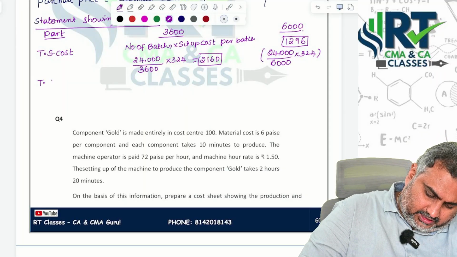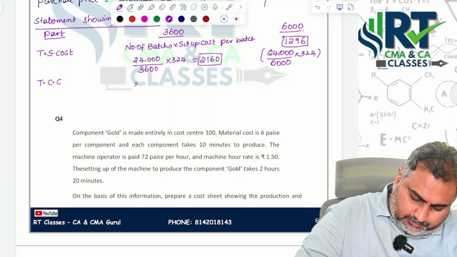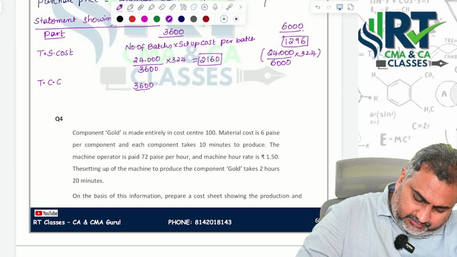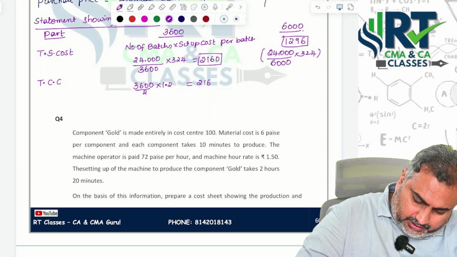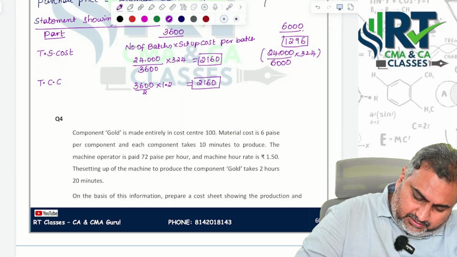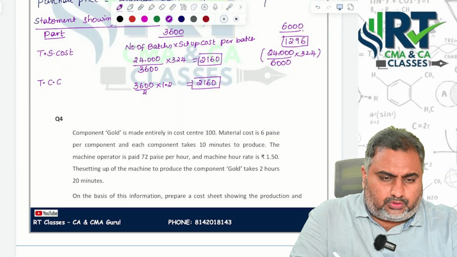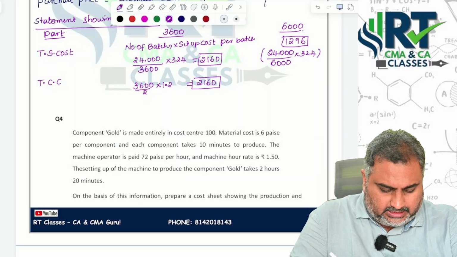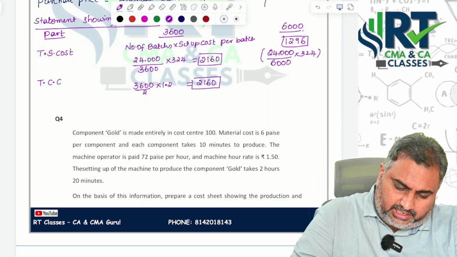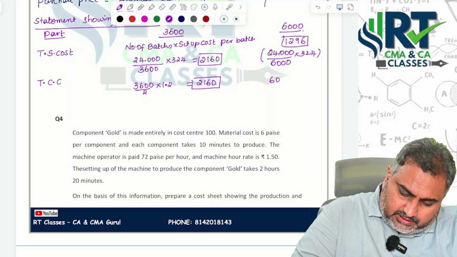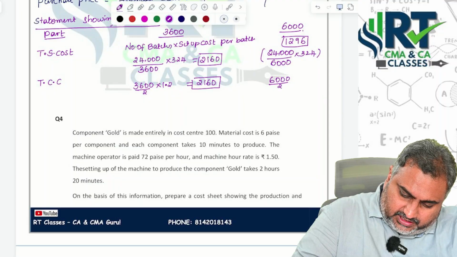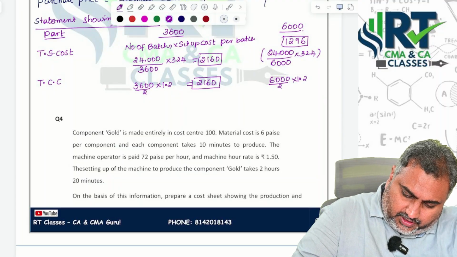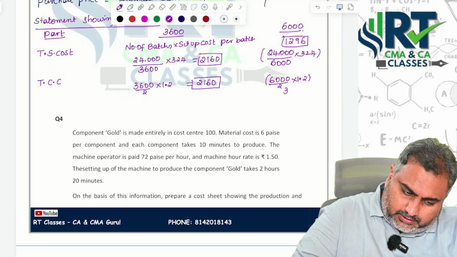Next, total carrying cost equals average inventory into carrying cost per unit per annum. And one interesting point: at EBQ, your total setup cost and total carrying cost are both equal. Here, 6000 divided by 2 into 1.2, that is equal to 3600.